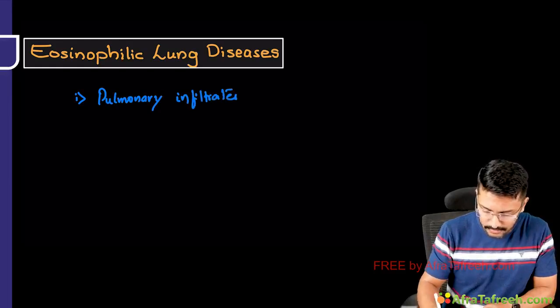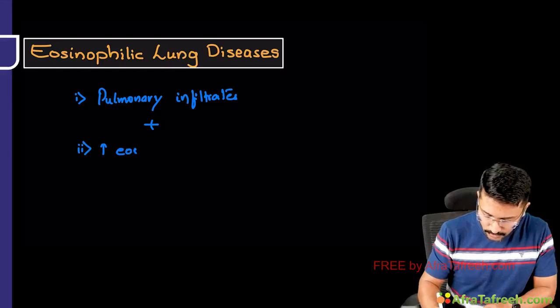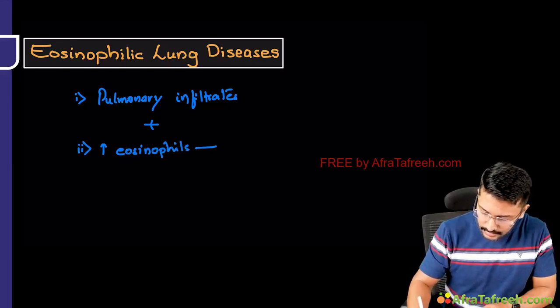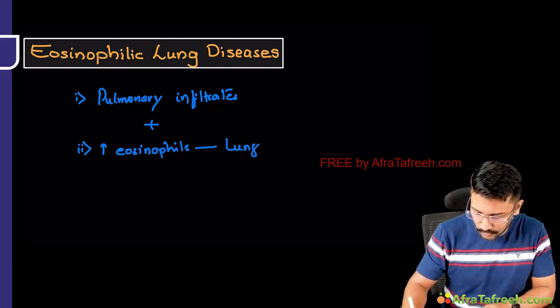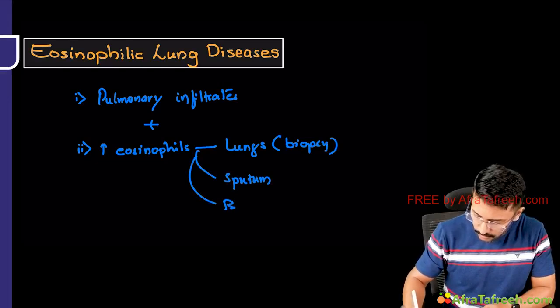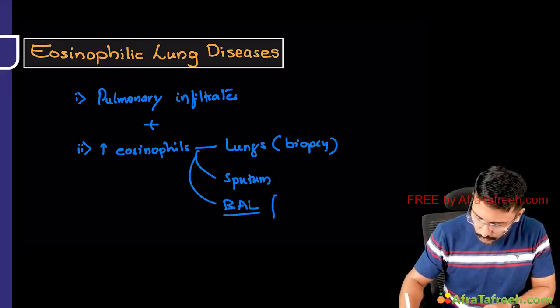And the second feature is increased eosinophils, more than normal number of eosinophils in either the lungs, which we get to know by tissue biopsy, or in the sputum, or on the bronchoalveolar lavage fluid.